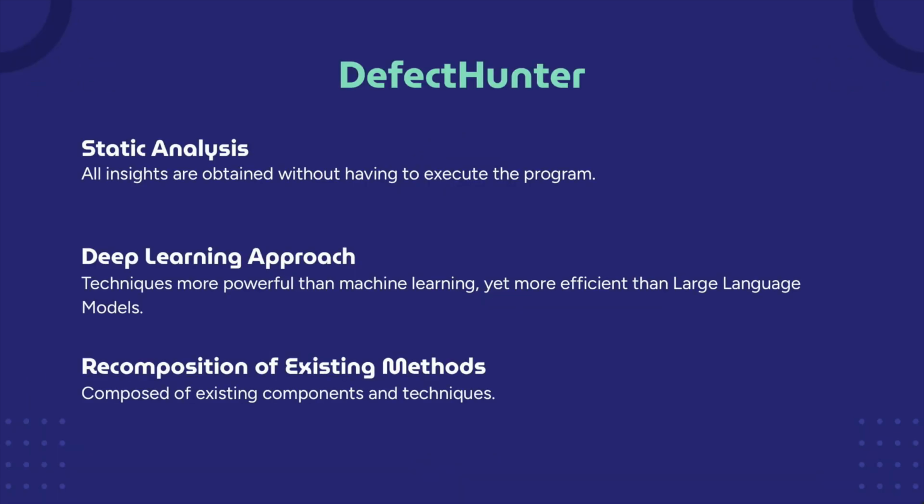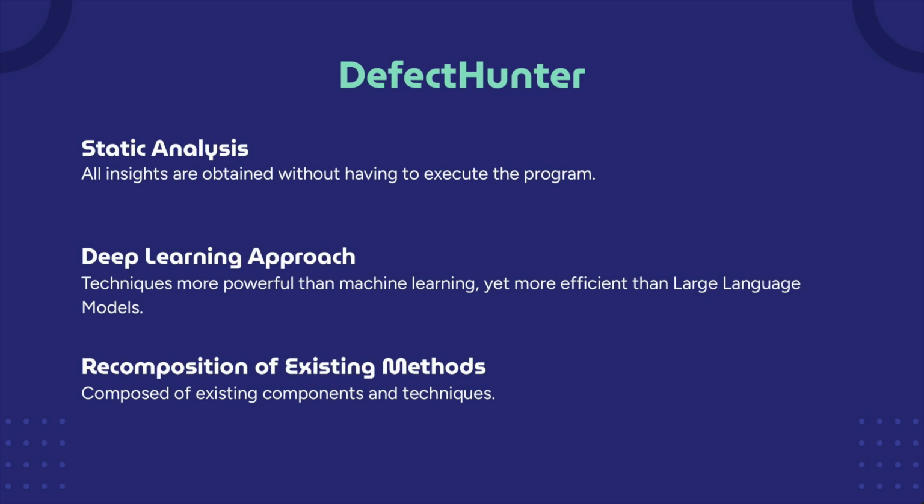Among the detection approaches we saw earlier, DefectHunter uses static analysis. Contrary to dynamic approaches, DefectHunter makes conclusions purely based on semantic analysis of the program through different representations. The research paper positions deep learning as a potent alternative to traditional machine learning for vulnerability detection, especially due to its capability to handle complex datasets and capture intricate relationships.